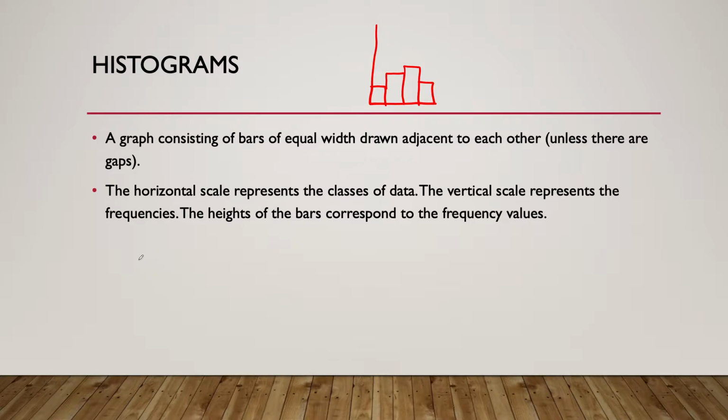Something like that. The horizontal scale represents the classes of data, and the vertical scale the frequencies. The heights of the bars correspond to the frequency values.